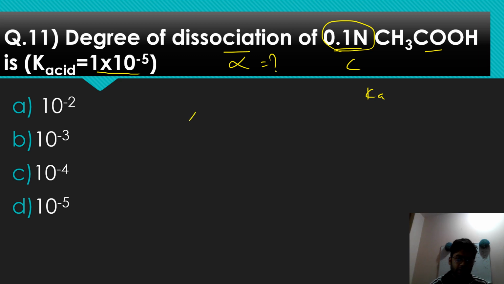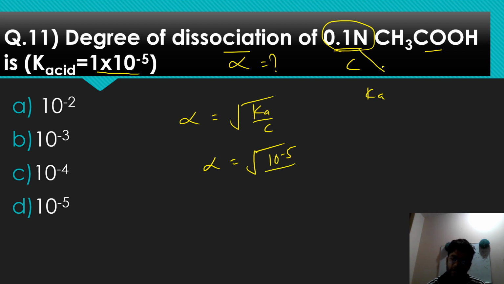According to Ostwald's dilution law, alpha equals root under K by C. Here K is 10 to the power minus 5, and we have to convert the normality into molarity.